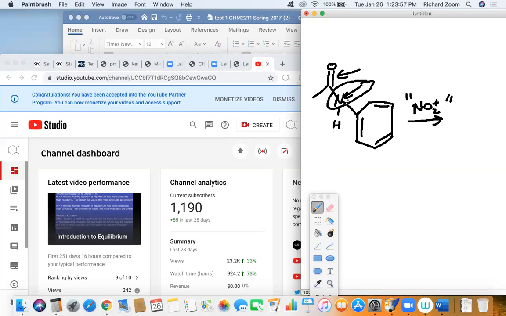If the C double bond O was attached to the ring, yes, I'd say it was deactivating. But since the N is attached to the ring, that's the one that's activating. And that's why you're going to get the ortho and para products. And yes, they will have that same percentage as we had in the poll.